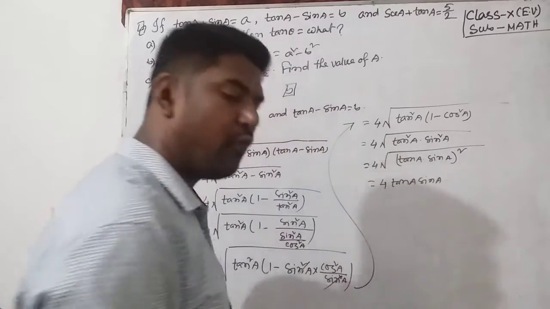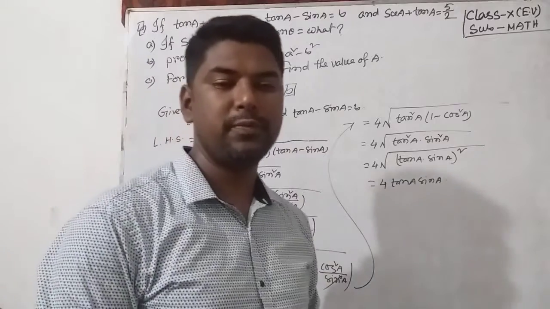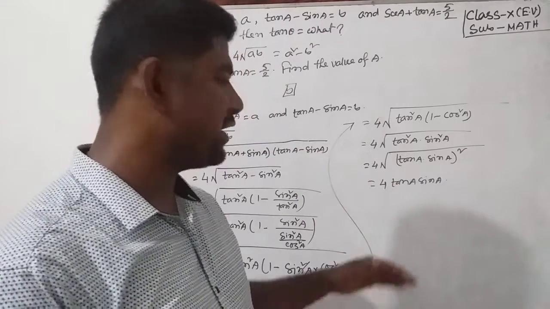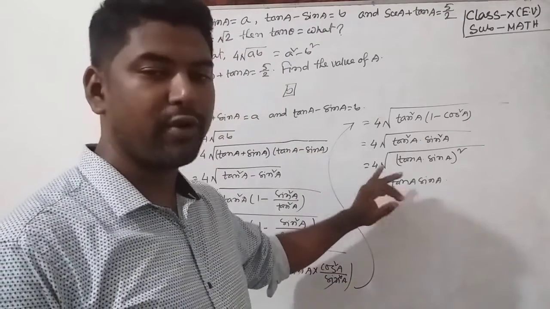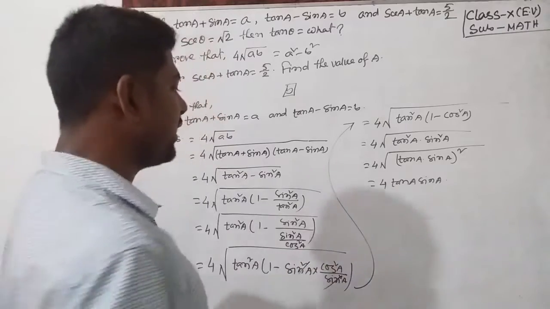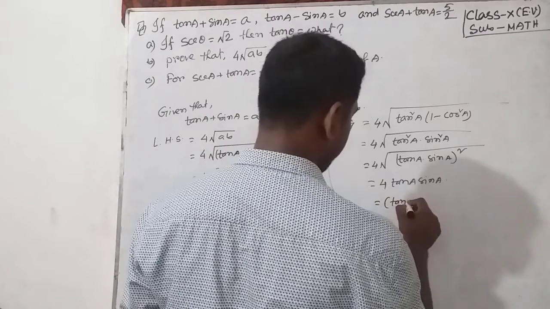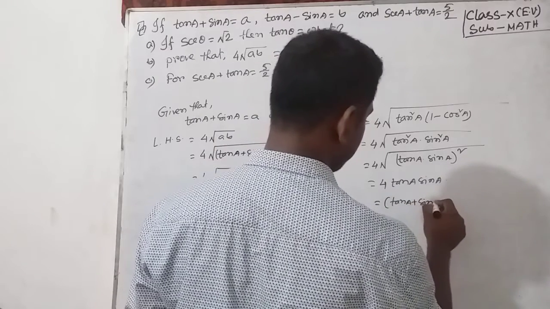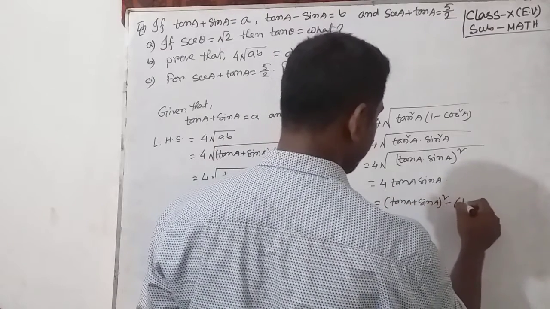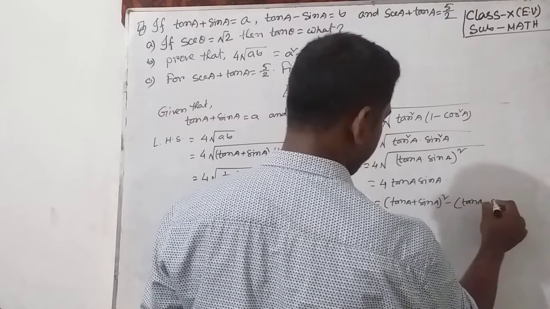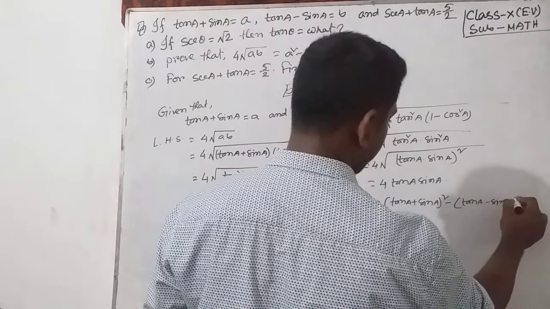We know 4ab equals a plus b whole square minus a minus b whole square. Now we apply the 4ab formula. So we can write tan a plus sin a whole square minus tan a minus sin a whole square.